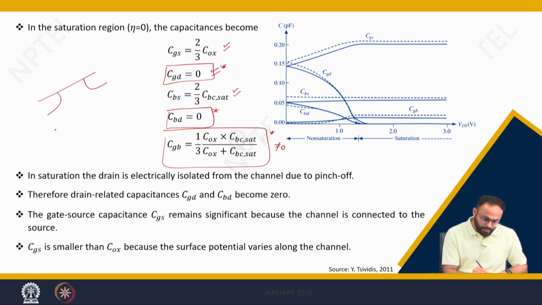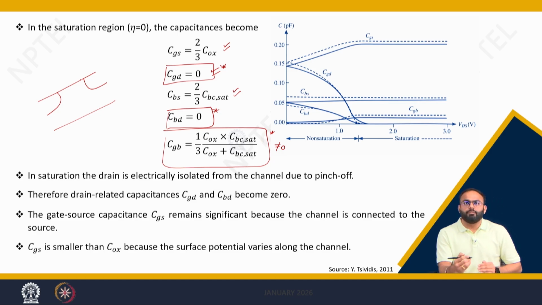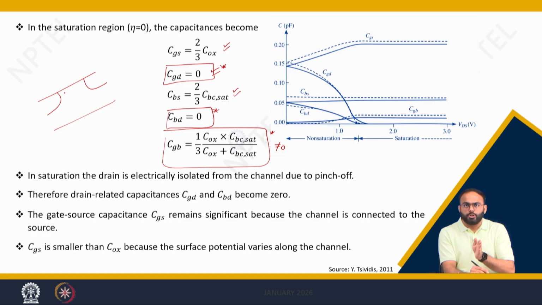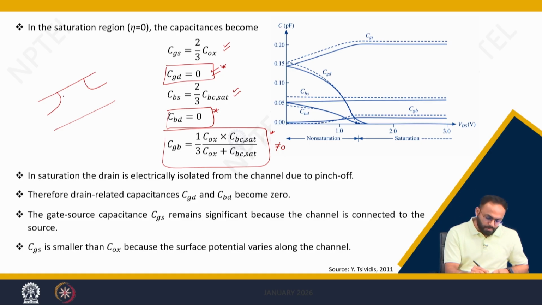As you increase the drain voltage, you are entering from non-saturation to saturation region, which means the channel will get tapered, right? There will be a pinch off region here.